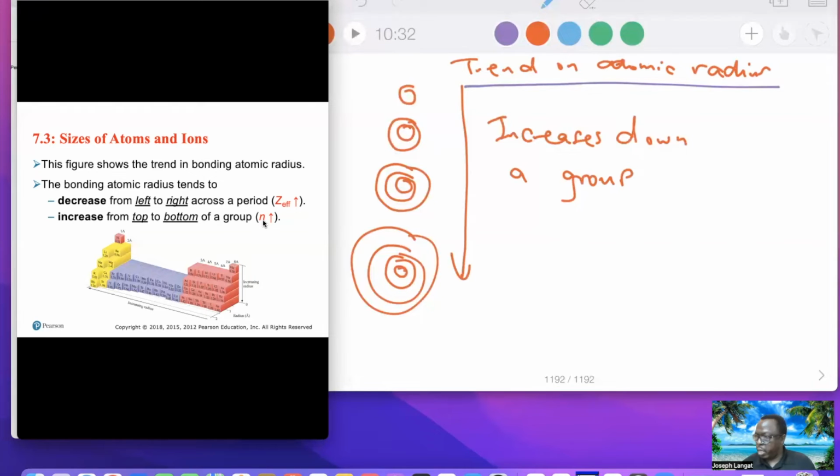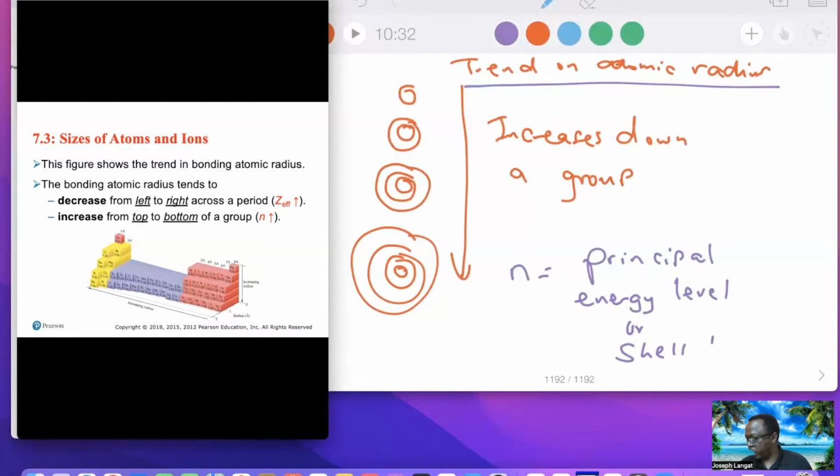That means n equals, recall, principal energy level, or shell number. Remember shell number 1, shell number 2, shell number 3. As the number of layers get bigger and bigger, the size of the atom also increases.